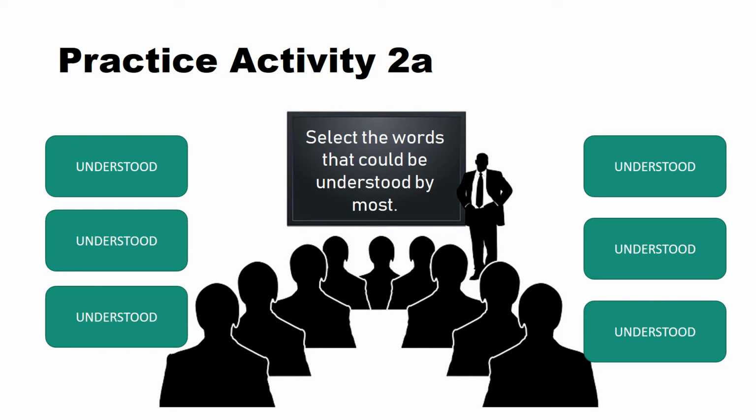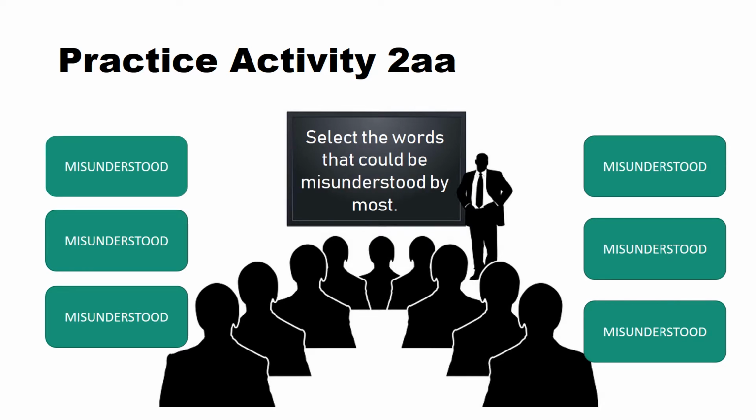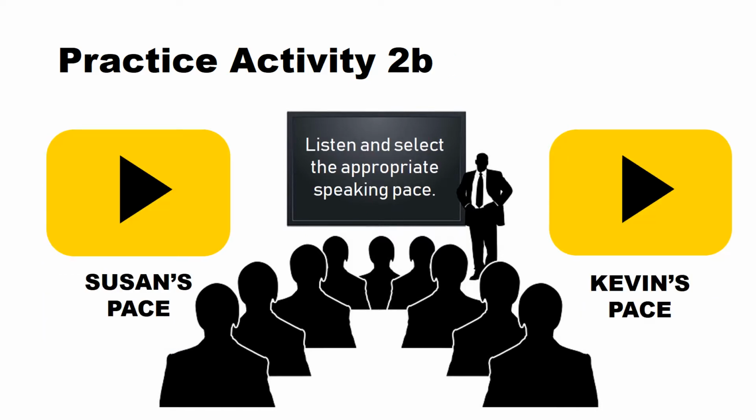But we want to present some words that we believe through our studies most can understand. And then we also want to present to our learner words that can be misunderstood. That's going to be really important for our learners to avoid when they're presenting information. So there's 2A and there's 2B.